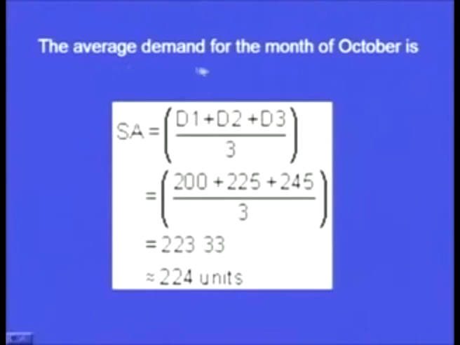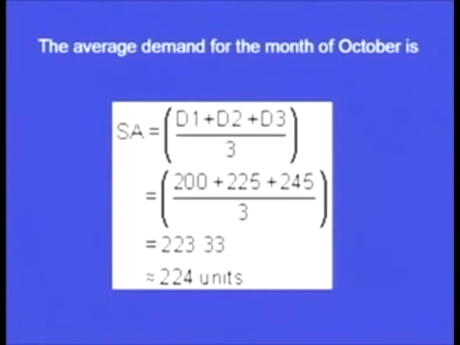So the average demand for the month of October can be calculated like this. July, August and September data is available: 200 plus 225 plus 245 divided by 3, we get 223.33 units, which can be rounded off to 224 units. So we can very easily say that in the month of October we are going to have a demand, or we are going to sell 224 units of the television.